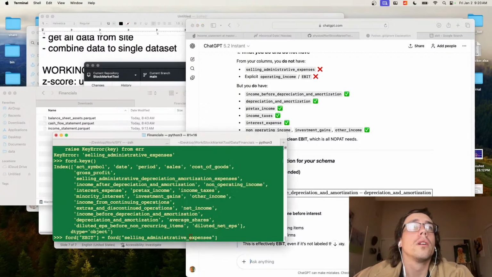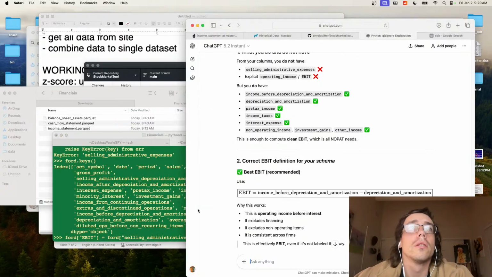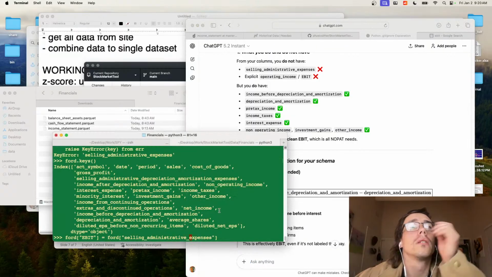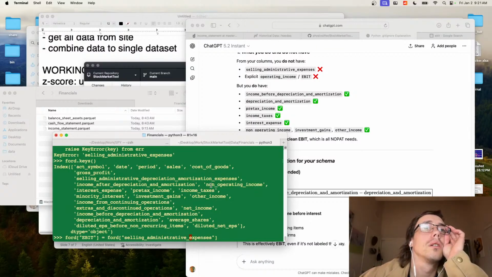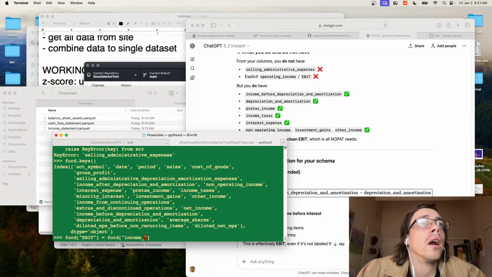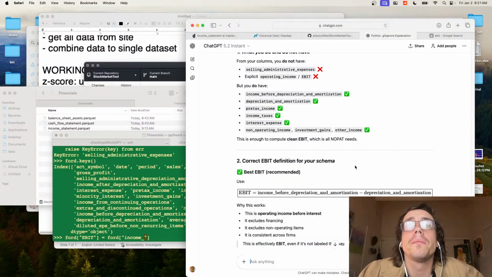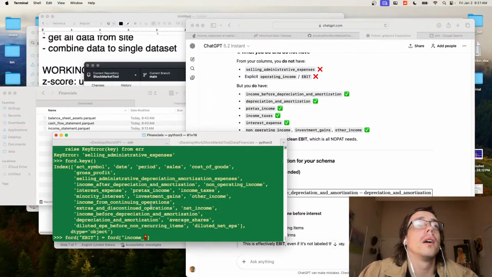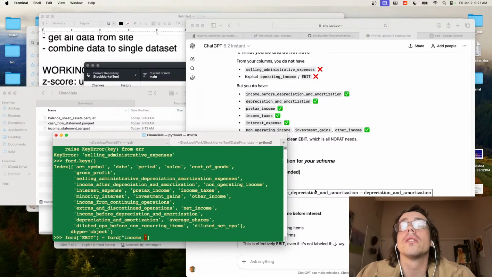Income before depreciation and amortization. Depreciation. Income after depreciation and amortization.